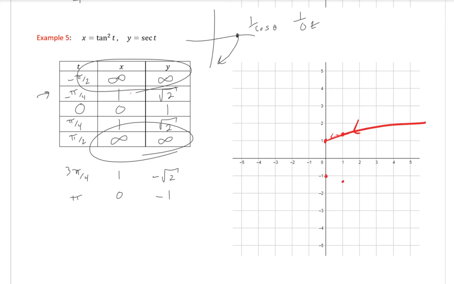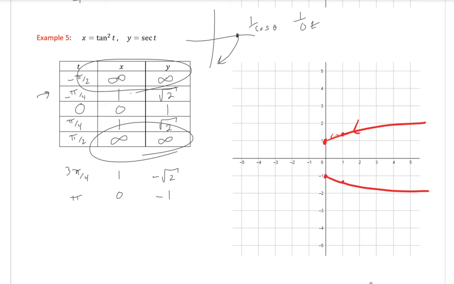So maybe let's put that around there. Basically what I'm actually getting is a claw, but it has this discontinuity here where there's nothing happening in the middle. So this overall is the graph of x equals tangent squared t, y equals secant of t. A little bit of a weird one.